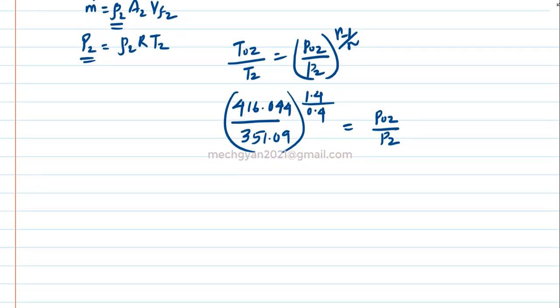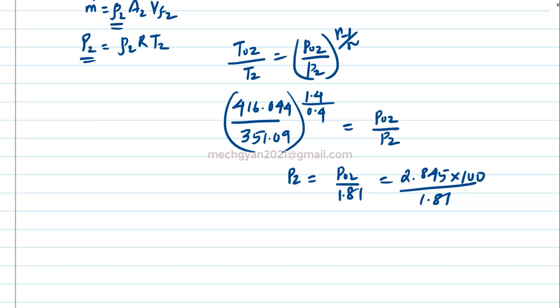Simplifying this, P2 equals P02 by 1.81, that is 2.845 into 100 by 1.81, which equals 157.06 kilonewton per meter square.